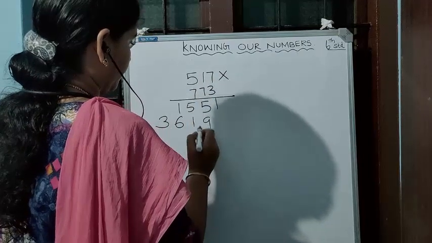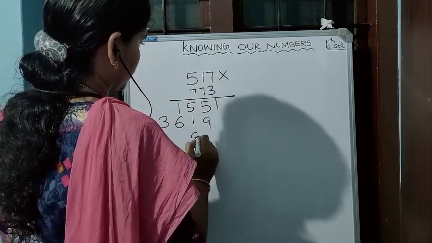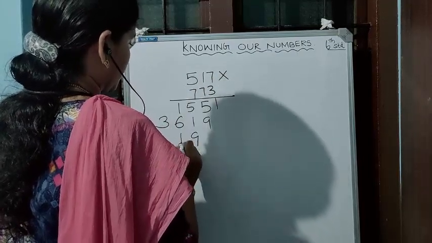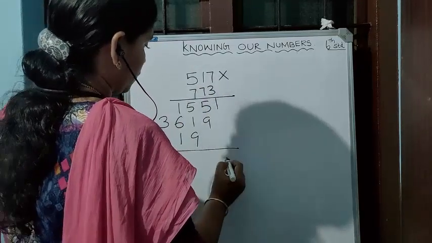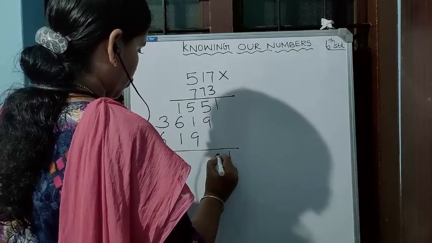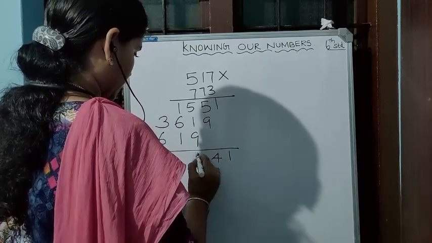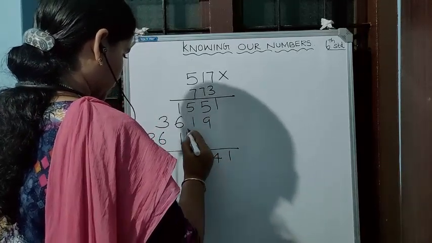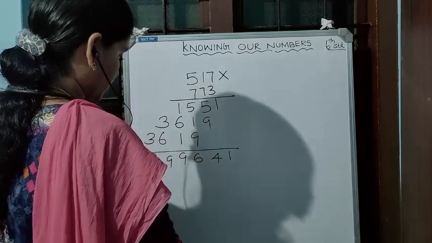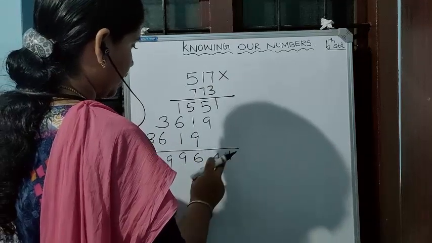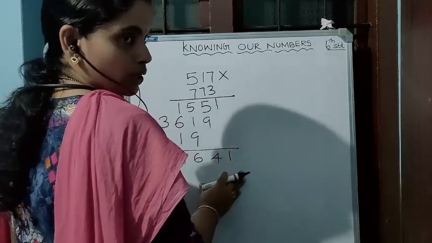Same method. So, 7 7s are 49. Then the carried digits are added, and the answer comes. Okay. This is the actual calculation.